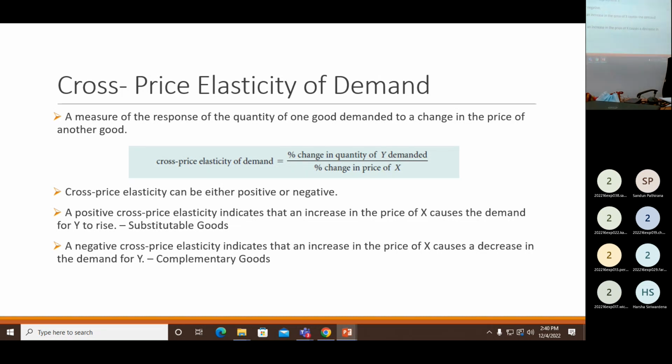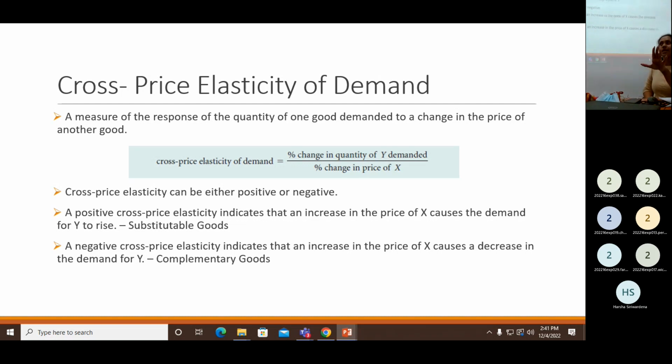Now, this cross price elasticity can be either a positive value or a negative value. A positive cross price elasticity indicates that an increase in the price of X causes the demand for Y to rise. In what situation can this happen? When the price of X increases, quantity demanded for Y increases. For substitute products.